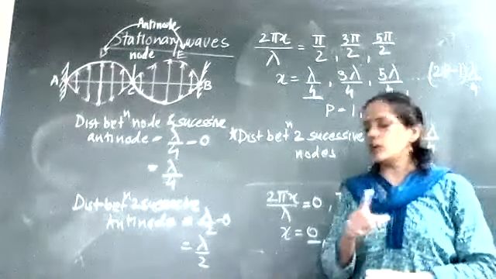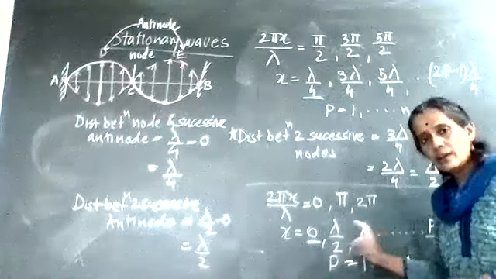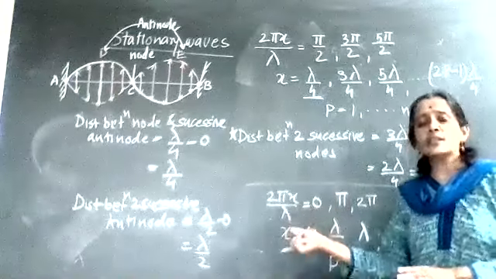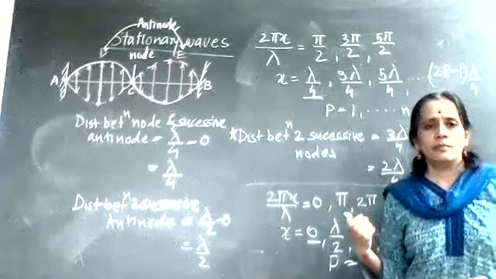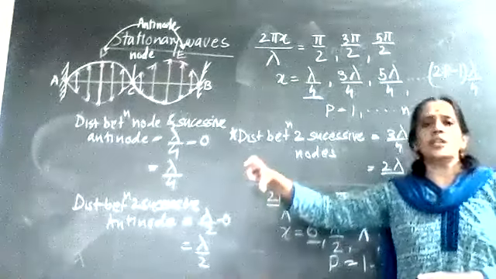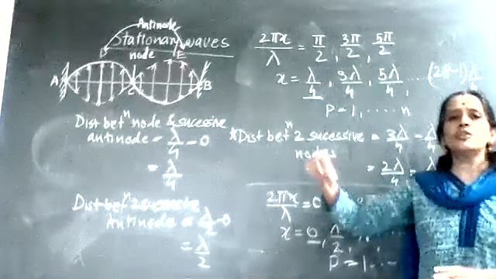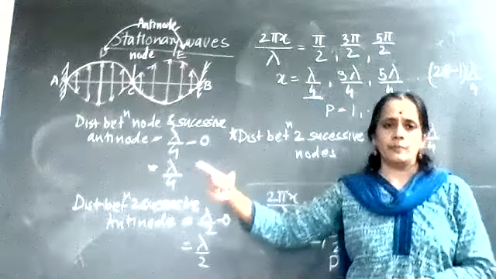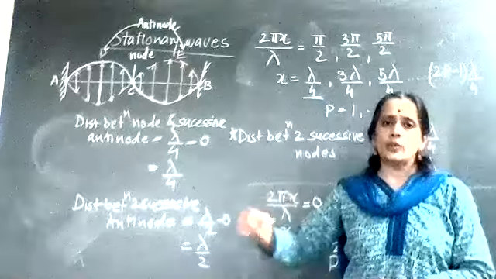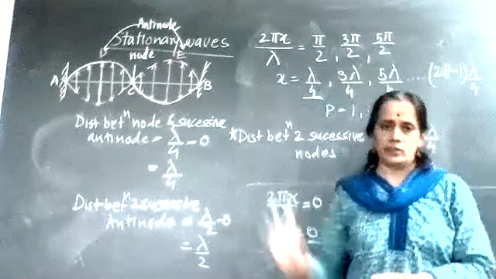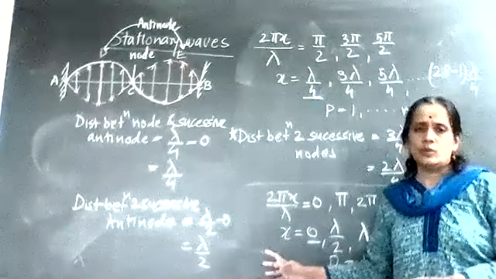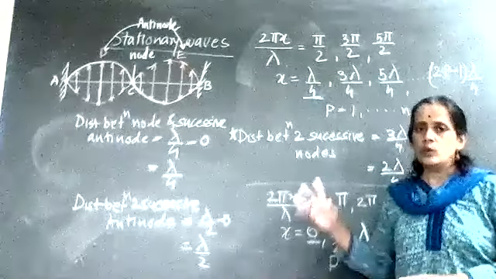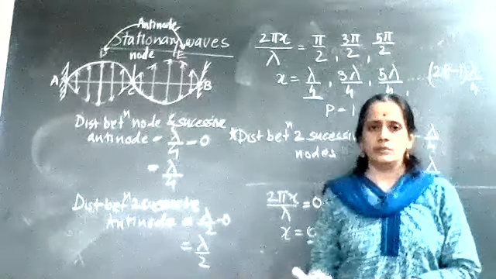And the last important point: if I check the distance between any two successive antinodes, every time I get lambda by 2. Means along the stationary wave pattern, antinodes are equally spaced. Antinodes are situated at equidistant points. So this is about your stationary wave, node and antinode.